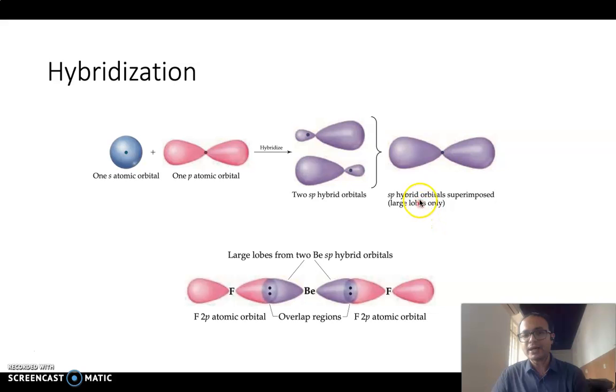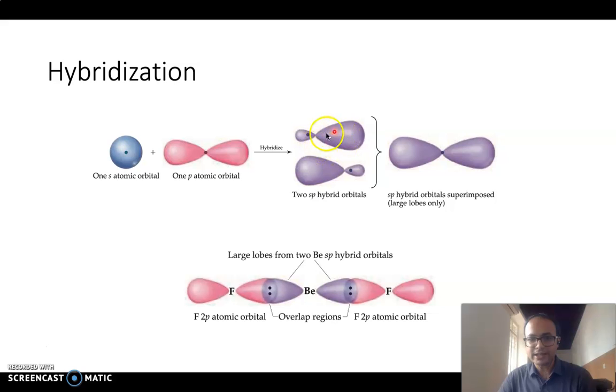When we superimpose these two hybrid orbitals, they are directed at 180 degrees to each other. Again, this is the balloon concept that I talked about in the VSEPR theory. The orbitals try to avoid repulsive interaction, so they are as far apart as possible. The two sp hybrid orbitals are directed at 180 degrees to each other.